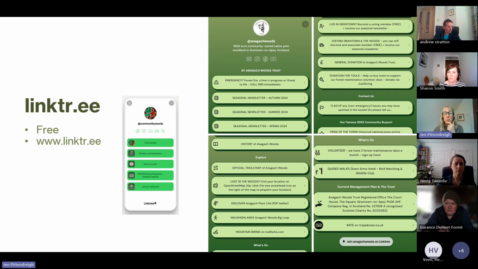But Annegach Woods, whilst they're waiting on their website being developed, have got a huge long Linktree. But I think it's a great use of Linktree if you don't have a website.